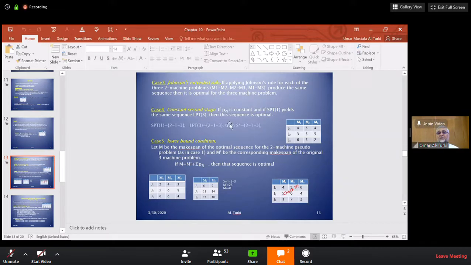If you order the first machine in SPT order and the last machine in LPT order, and you get the same sequence, then that sequence is optimal. Here, SPT for machine 1 is 2, 1, 3. LPT for machine 3 is 2, 1, 3. It happens to be the same. Then this is the optimal solution. Okay?